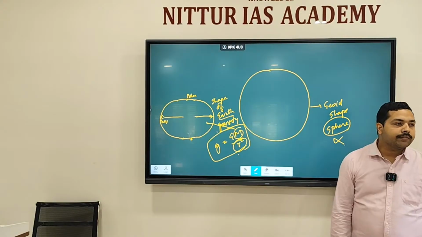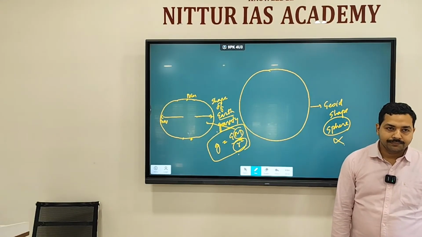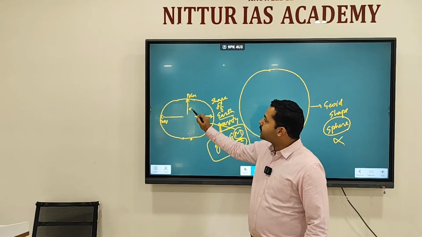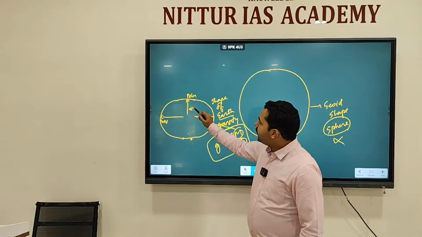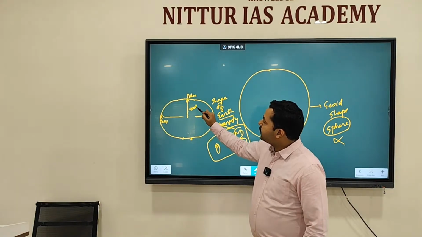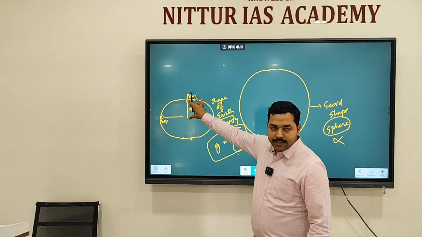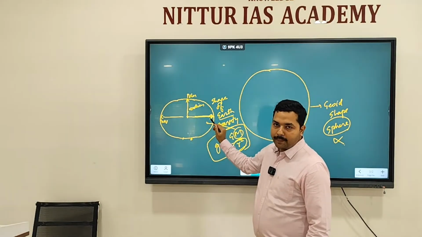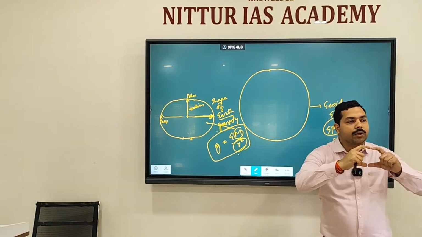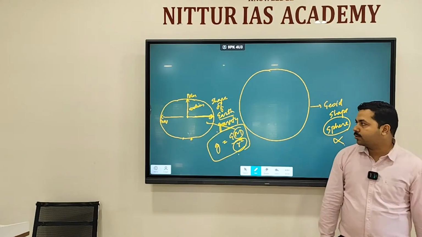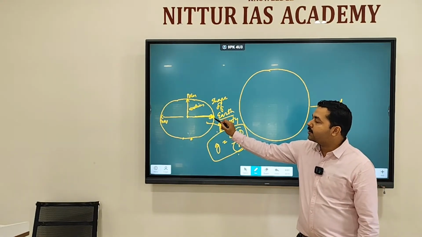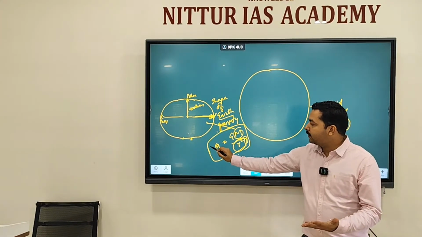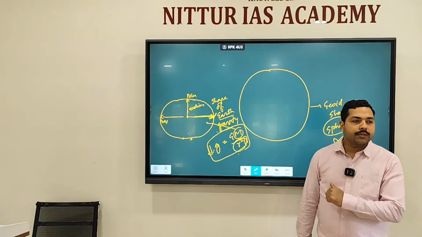Where are you going to see more gravity? This radius is from the center of Earth. This radius is smaller, while this radius from here to here is bigger, because it is bulging out at the equator and flattening at the poles. So if the radius is more, gravity will be less.